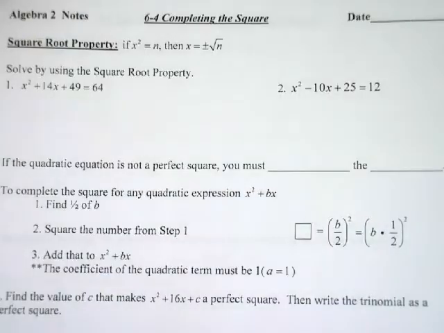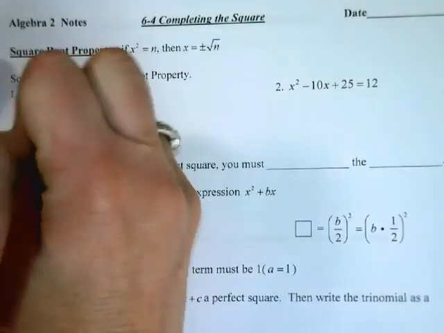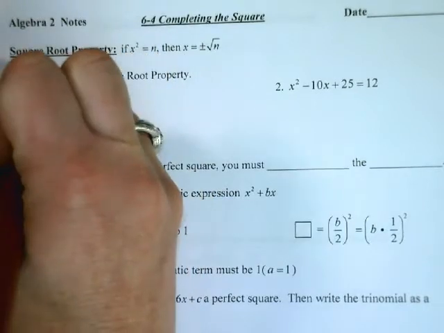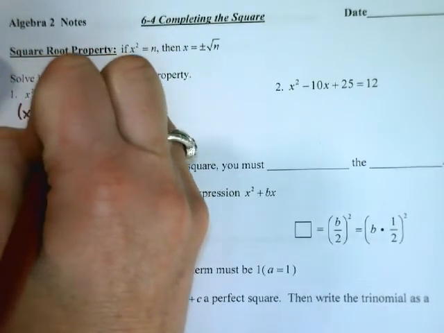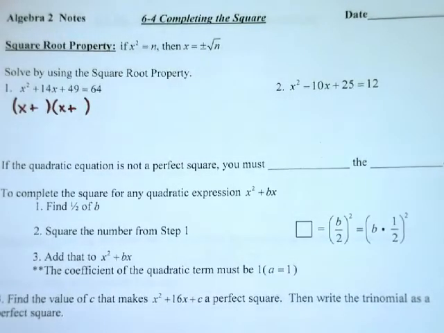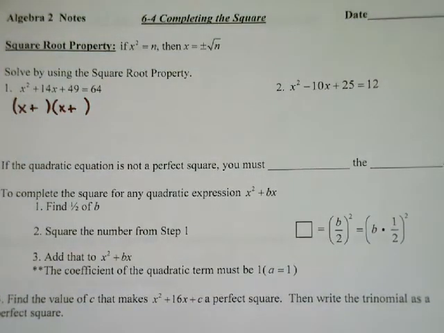Let's try it. There's a plus and a plus, so it's going to be a plus and a plus. I need two numbers that multiply to 49 that add to 14. Seven and 7. Thanks, Abigail.